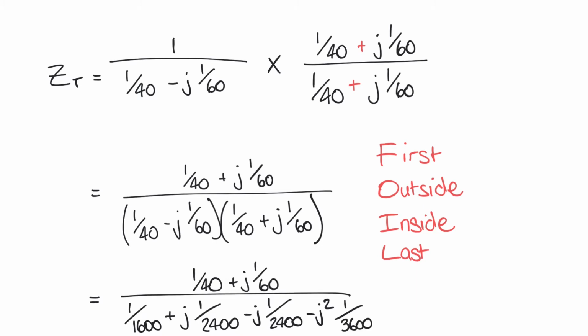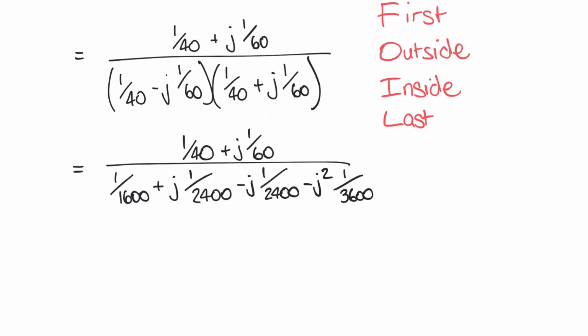Okay, two things at this point. First of all, you'll notice that these j terms will hopefully cancel each other out because we have plus j 1 over 2,400 minus j 1 over 2,400. They're going to disappear. Second thing is recall the definition of j. j is equal to the square root of minus 1.